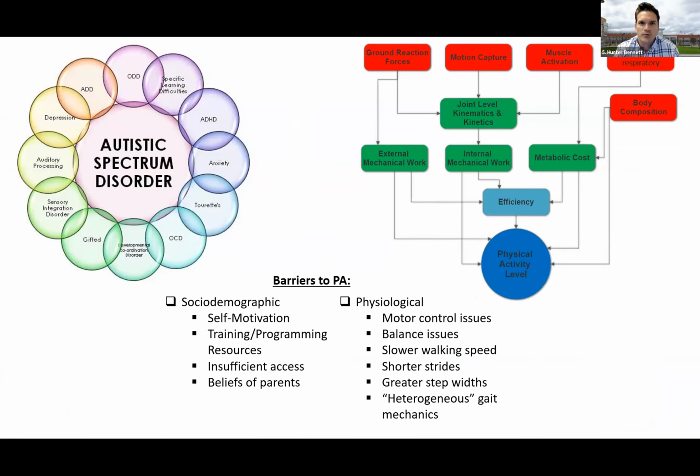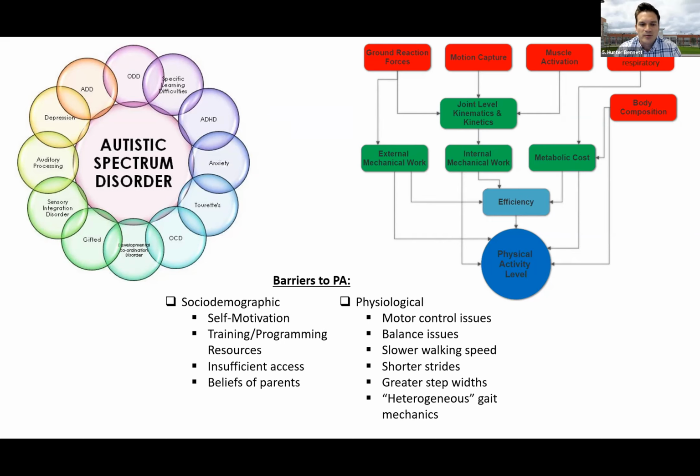So youth with autism spectrum disorder, much like their neurotypical peers, are generally physically inactive, spending more time in front of screens and so on, and not meeting our daily guidelines for being physically active. There are a myriad of different barriers that exist for these individuals and across all populations, but some of which have been dealt a little bit deeper within the current literature for persons with a disability.